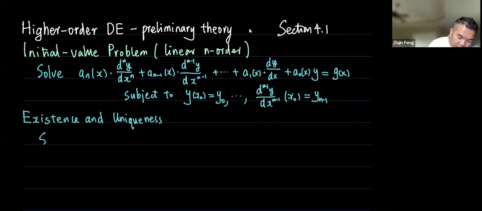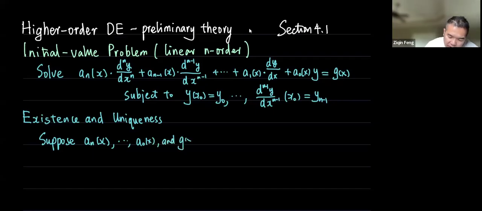We suppose all the coefficient functions a_n(x) all the way to a_0(x), and also the right side function g of x, are continuous on the interval I, which might be 0 to 1 or 0 to infinity or just some interval.